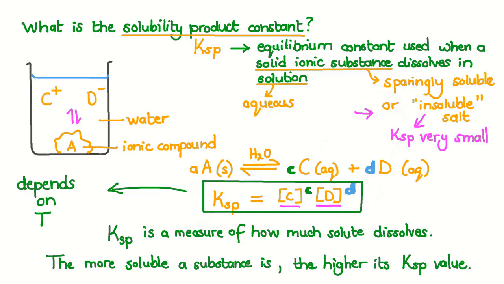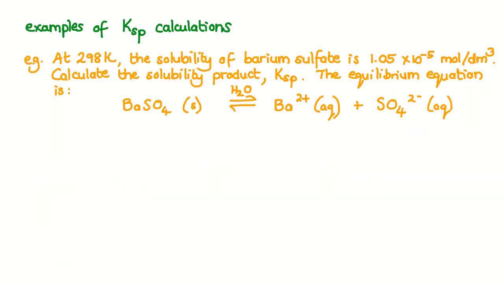Now let's practice writing some KSP expressions and calculating some KSP values. In this example, the question is, at 298 Kelvin, the solubility of barium sulfate is 1.05 times 10 to the negative 5 moles per dm cubed. Calculate the solubility product KSP.